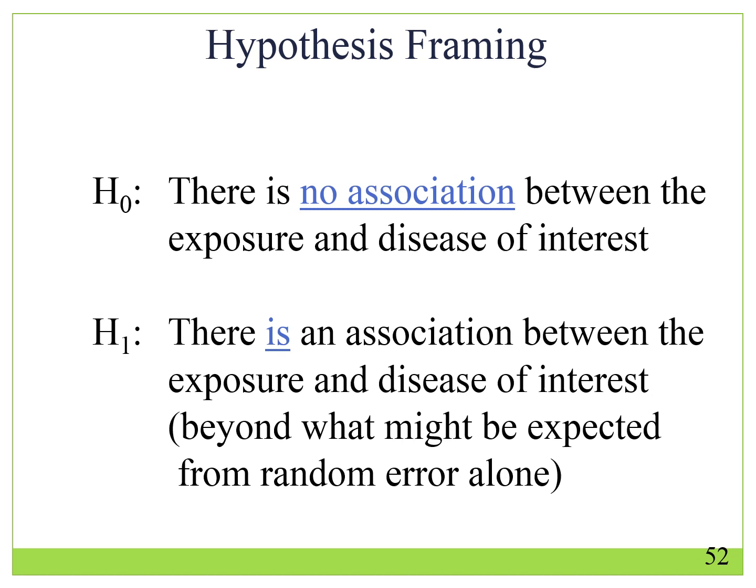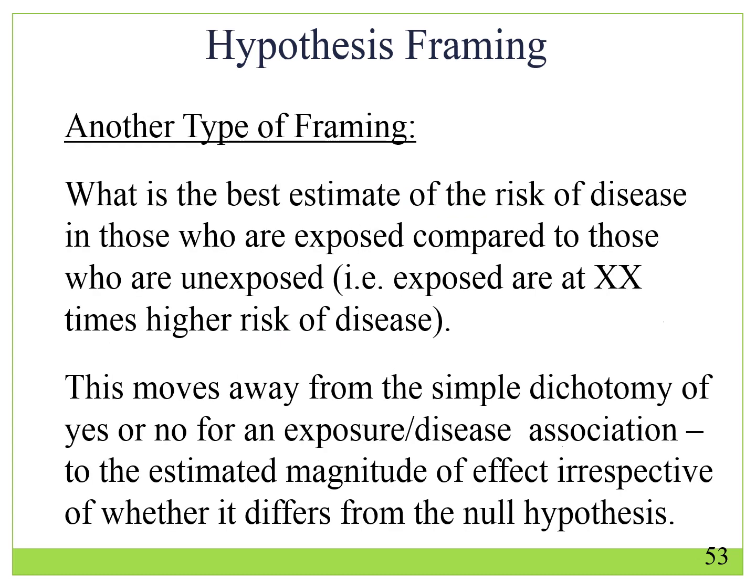You have H null and H1. Another type of framing, you might consider what is the best estimate of the risk of disease in those who are exposed compared to those who are unexposed.